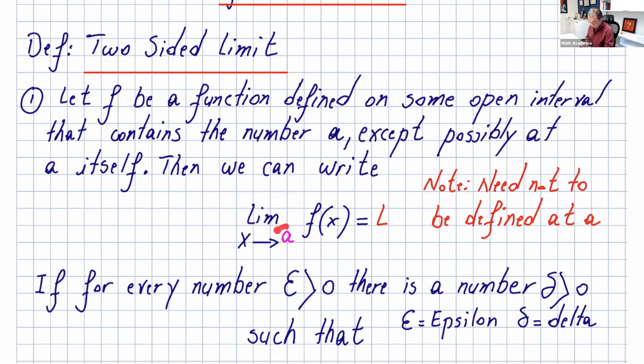So remember a and L. Now for this, we use epsilon and delta. This symbol is called epsilon, and that symbol is the Greek letter delta. For all the limits, just remember these are very small numbers and they're always positive.